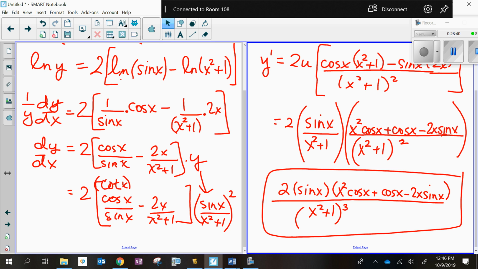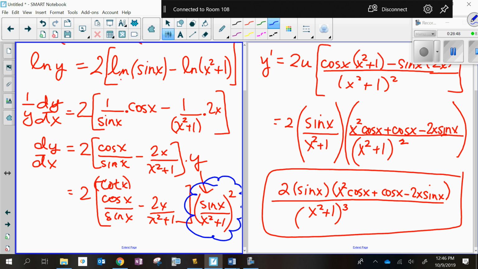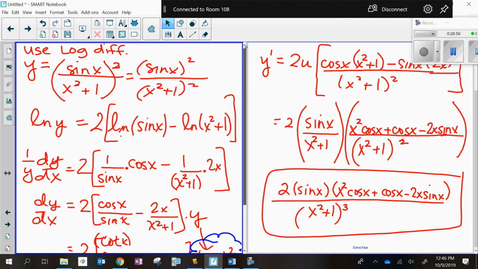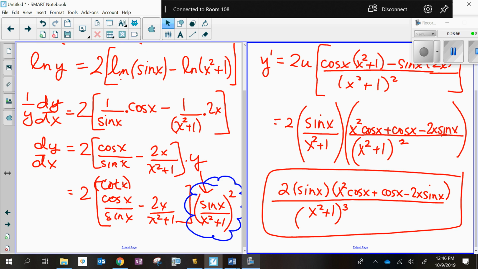The thing I would look for, if you are going to use logarithmic differentiation, is that you should have a y hanging out there. And your y, remember, was that thing right there. I don't like that you can't just leave it as a one. Like if you're on multiple choice, and then you look at the beginning.